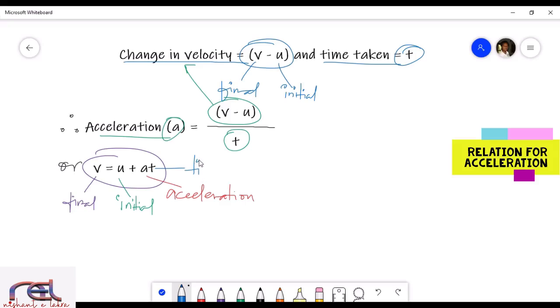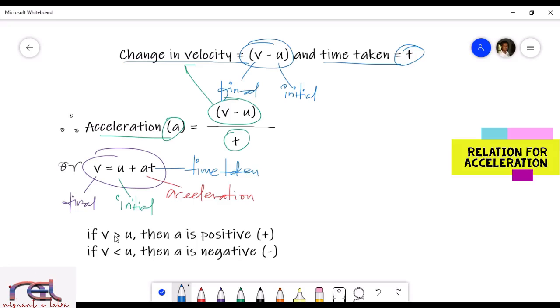This is the formula to find final velocity, and the one above it on your screen is the formula to find acceleration.